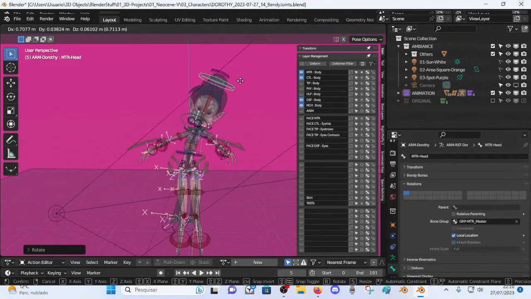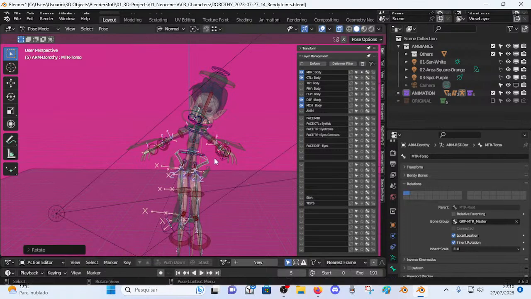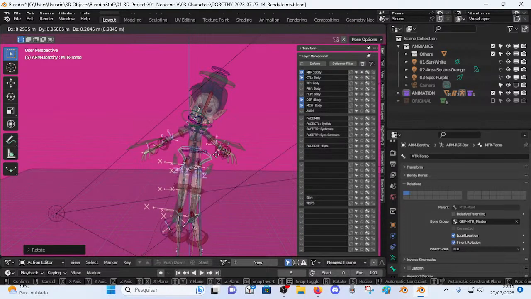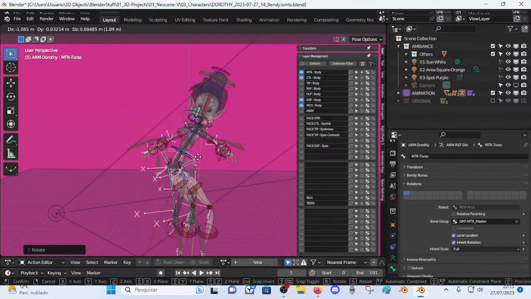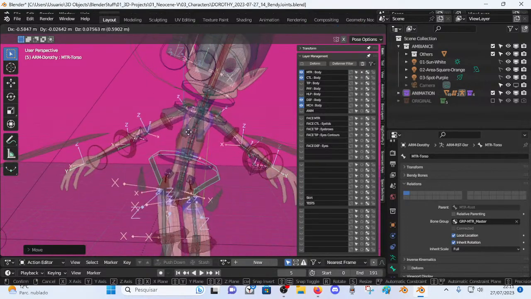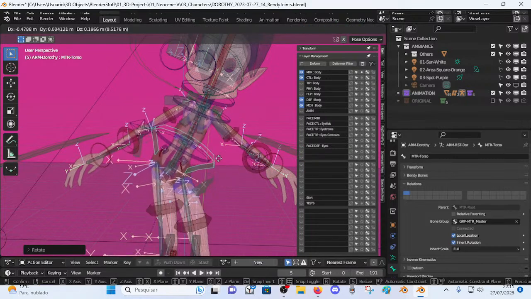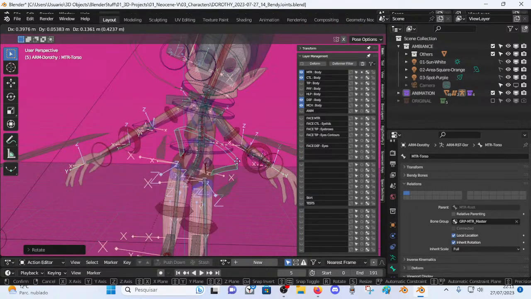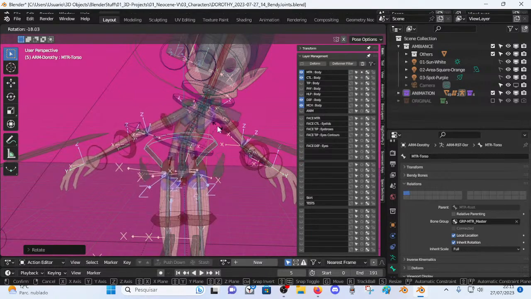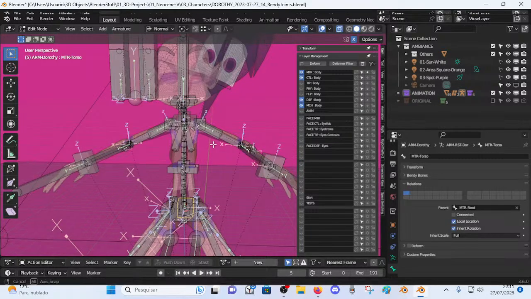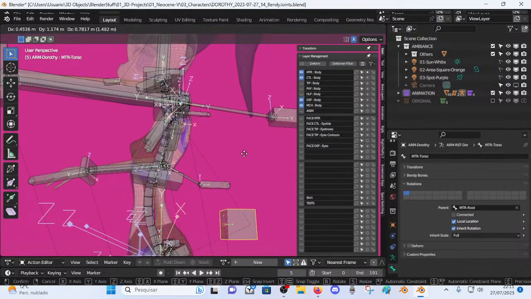The cool thing is that I have a bone that moves the whole spine, or perhaps not the whole spine. Maybe it's lacking to bring up some. Yeah, this bone has some other parenting, I guess.